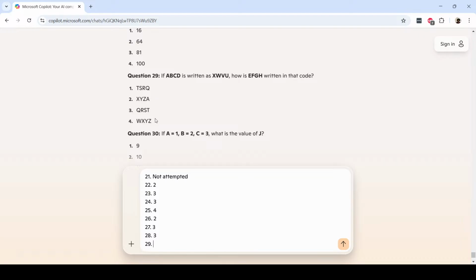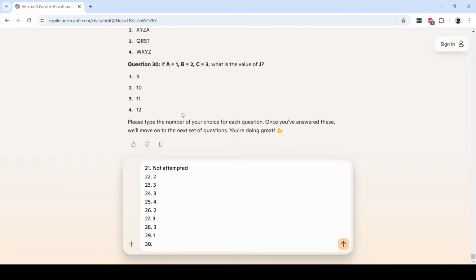So let's continue with our other exception, that ABCD is X, W, V, U, then TSRQ. TSRQ is there, yeah. And 30 of J, 1, 2, 3, 4, 5, 6, 7, 8, 9, 10. Okay, J is a 10. Yeah.